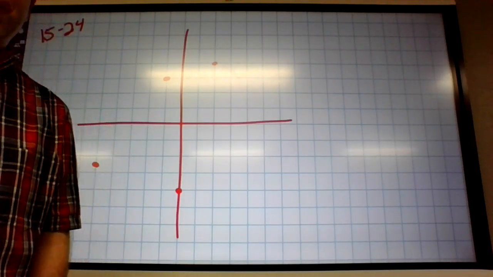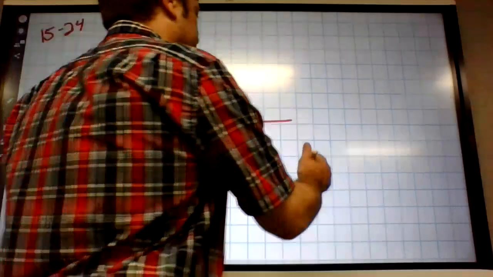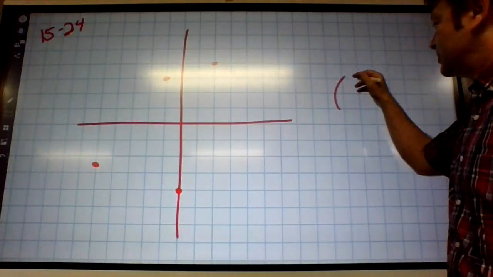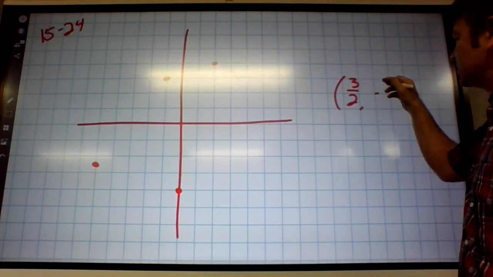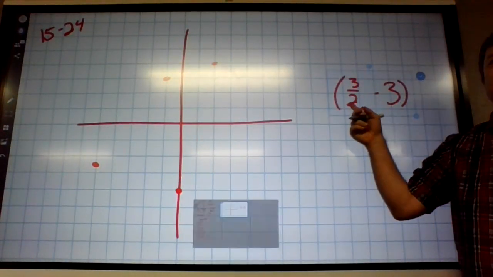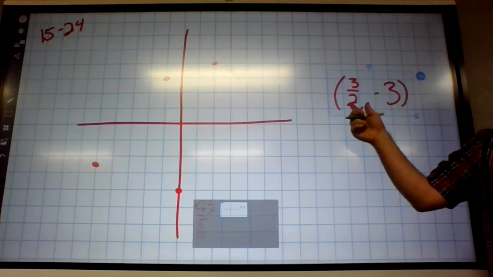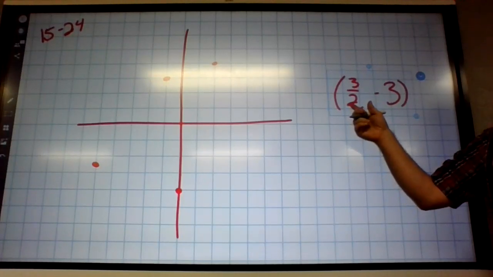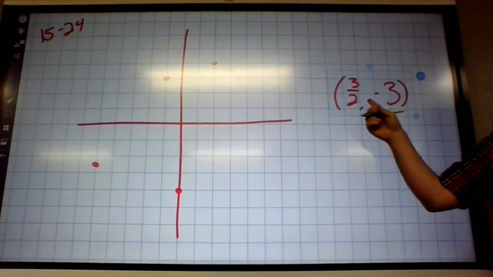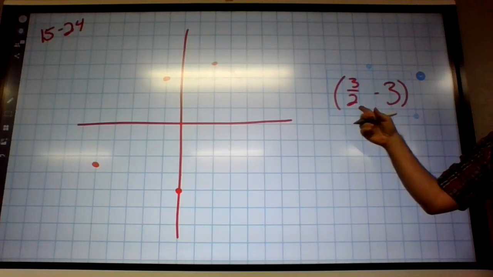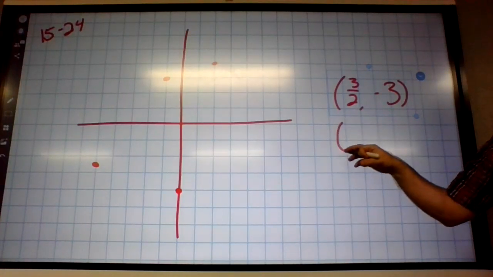Alright, 23 says 3/2, -3. So how do I figure out where 3/2 is? Improper fraction. Yeah, how do I figure out how far to go for 3/2? 3 divided by 2. 3 divided by 2 is, you guys know what that is? 1.5.